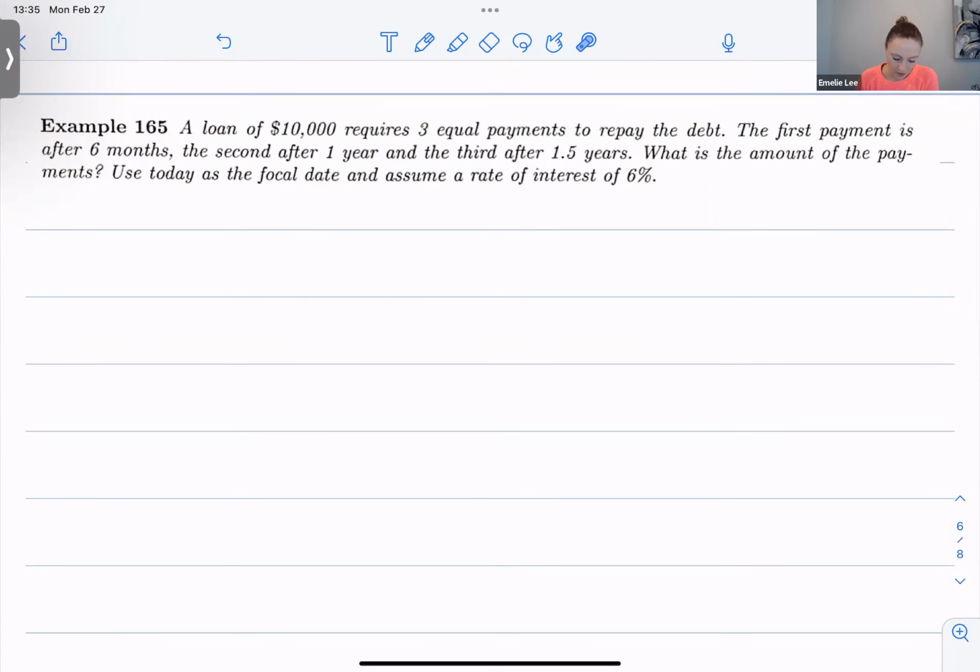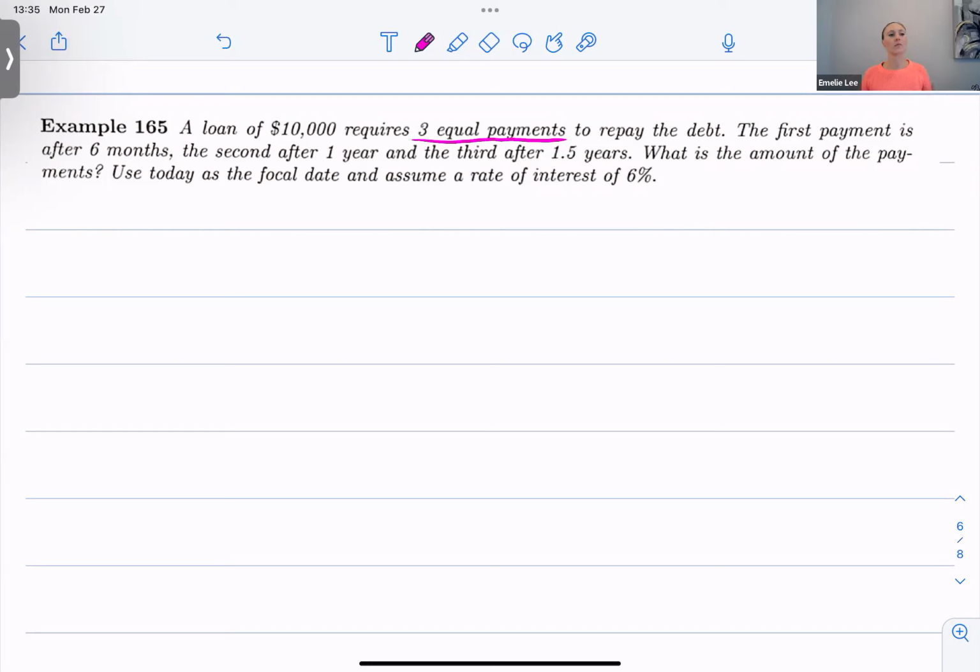Okay. A loan of $10,000 requires 3 equal payments to repay the debt. The first payment is after 6 months, the second after 1 year, and the third after 1.5 years. What is the amount of the payments? Use today as the focal date. That's why I mentioned what the focal date is, because sometimes it's helpful.